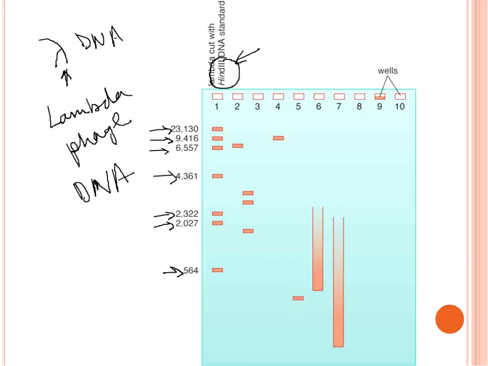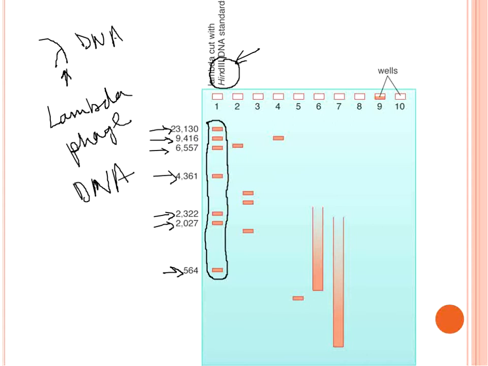So we know that if we cut lambda phage DNA with HindIII, you are going to get these known fragments. So this is our standard. This lane is running a standard. This is confirmation that our gel is running okay. So when you see these 7 bands, it means that you have run the gel correctly. Okay, and then it also helps you to figure out what's happening with your DNA.